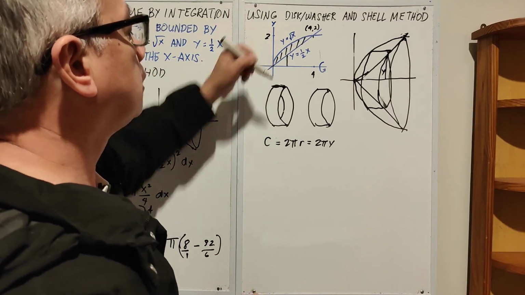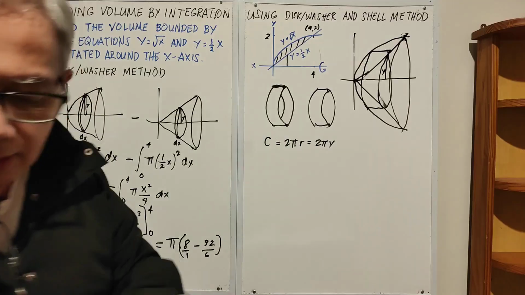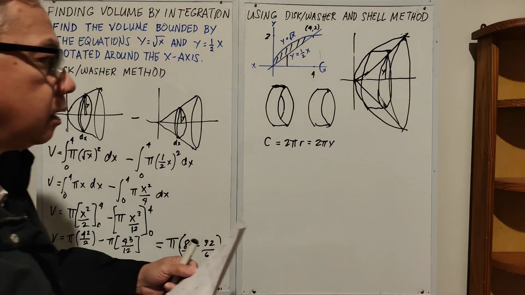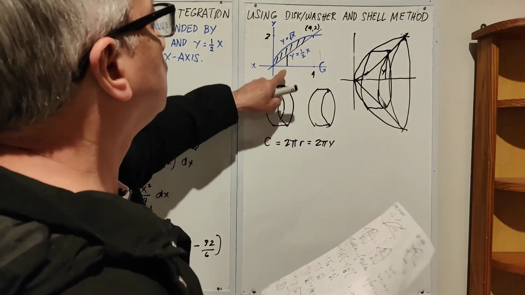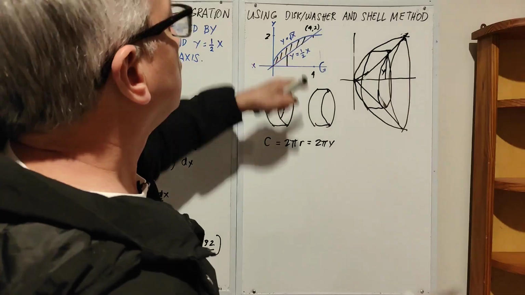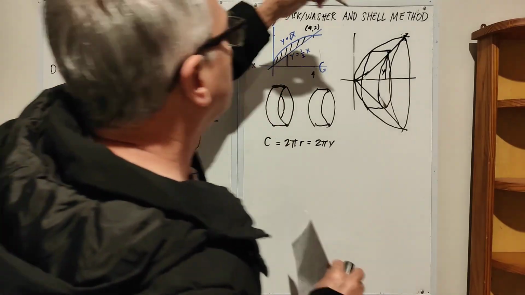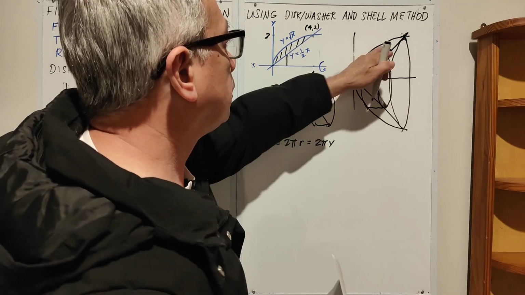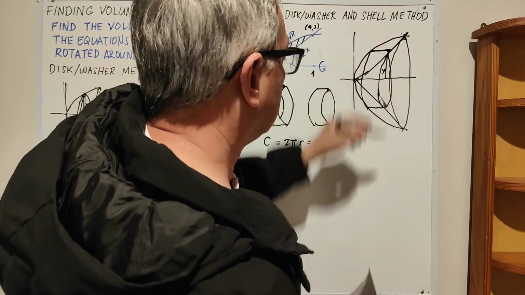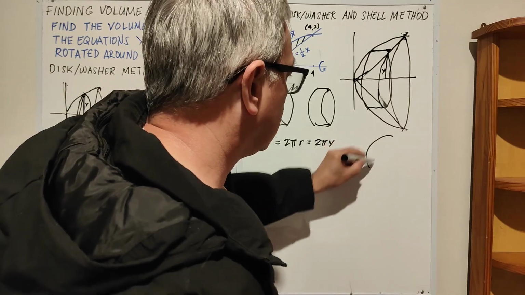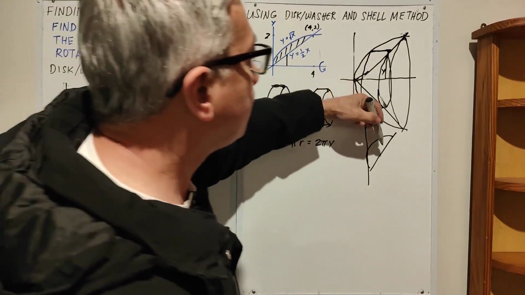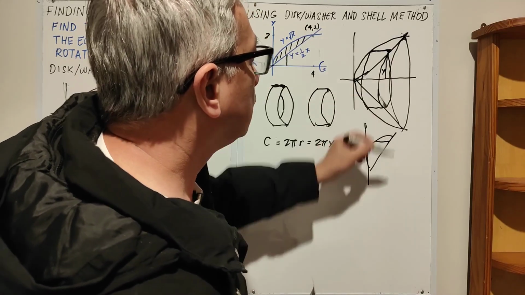this thickness. So this thickness will be, let me rewrite this one again. From here to here, I just want to rewrite this one again. So this is your curve, this is your thickness.